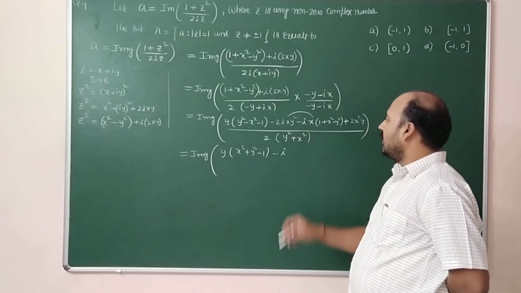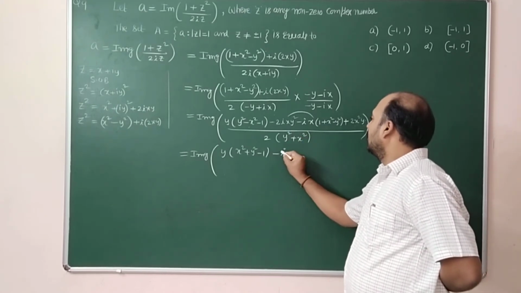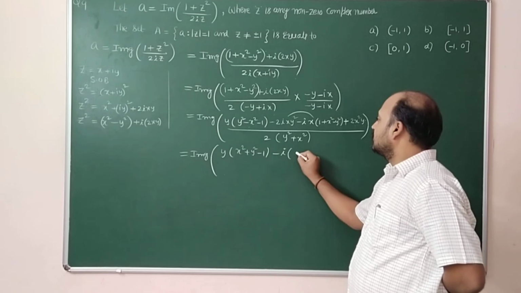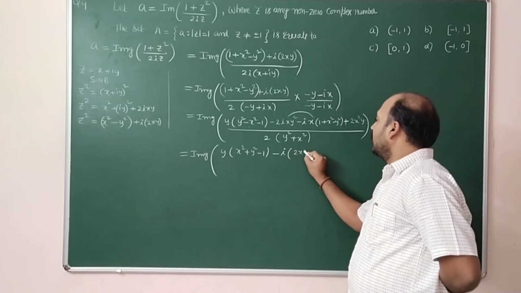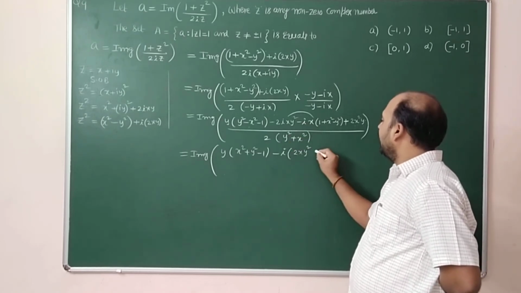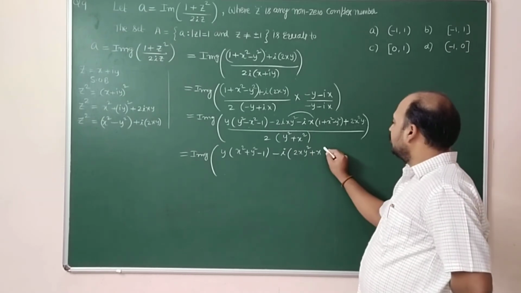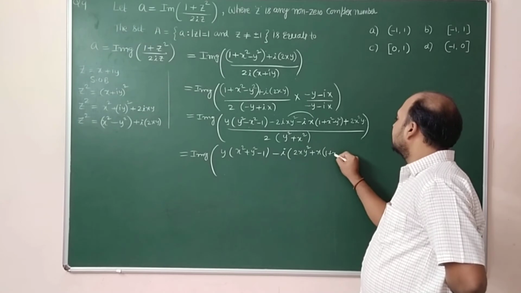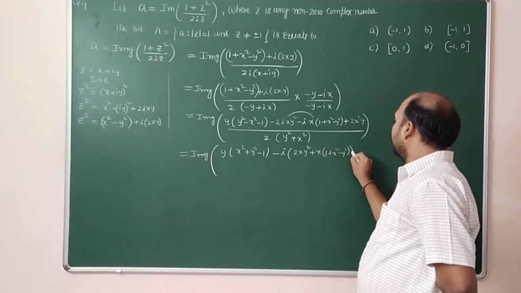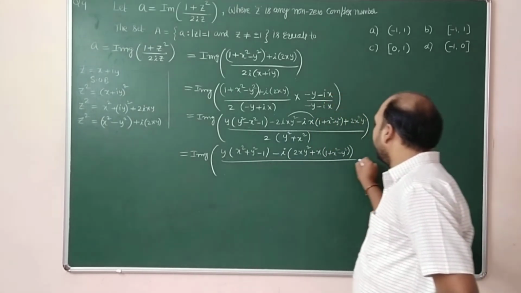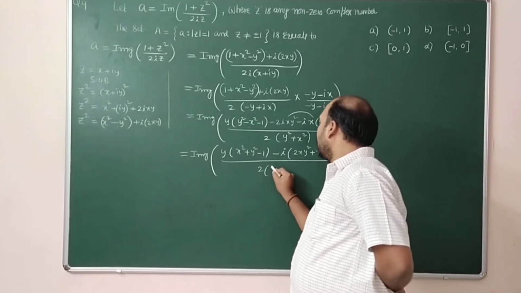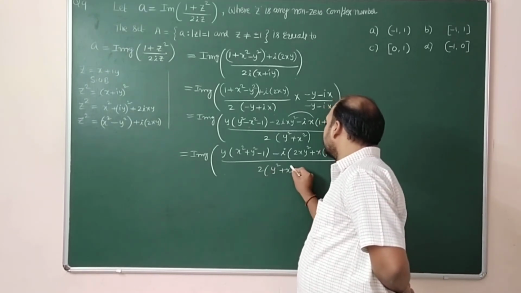If you take out common minus i, we will get 2xy square, minus i already taken means only x into 1 plus x square minus y square, divided by 2 into y square plus x square.